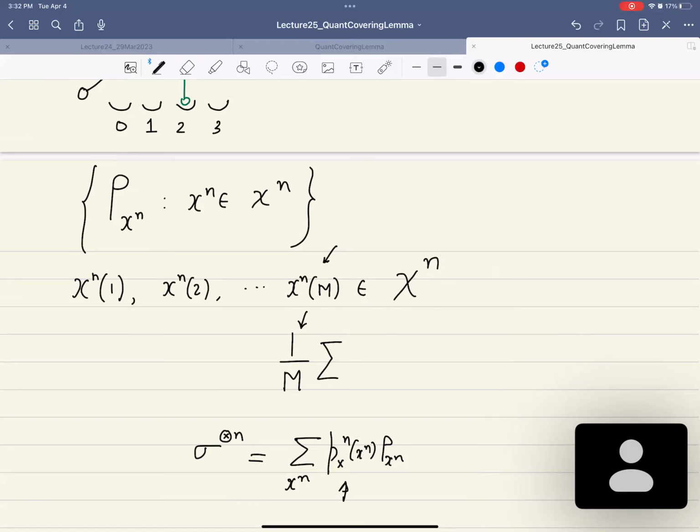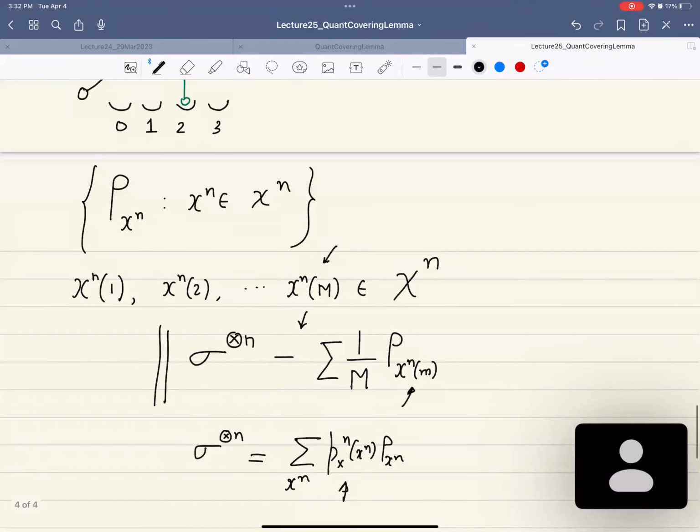So you can put this 1 by M setting inside here, and I'm going to do rho x^n(m). So I'm not choosing all the possible cardinality of X to the power n states. I'm only going to choose capital M states, and I'm going to prepare only the quantum states with regard to those. And I want this to be very close to sigma tensor n, with the error arbitrarily small.